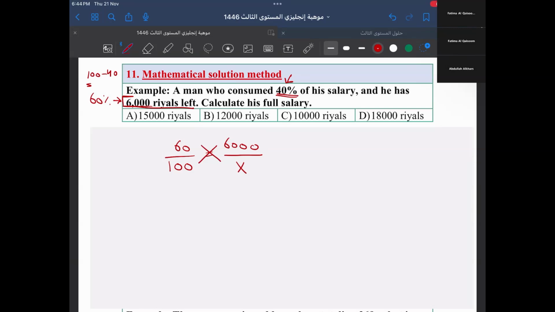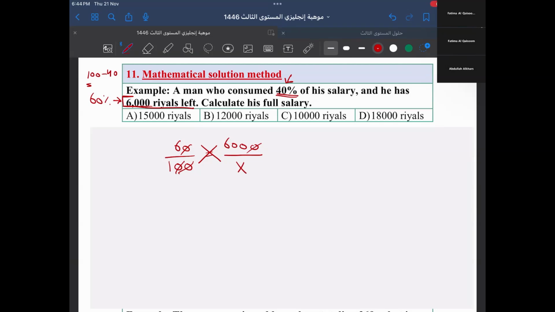So lastly, what we're going to do is cross multiplication. You can already simplify it before you multiply, because multiplying big numbers is just a headache. Cancel 2 zeros from 6,000 and 2 zeros from 100. So 600 over 6 is going to be 100.